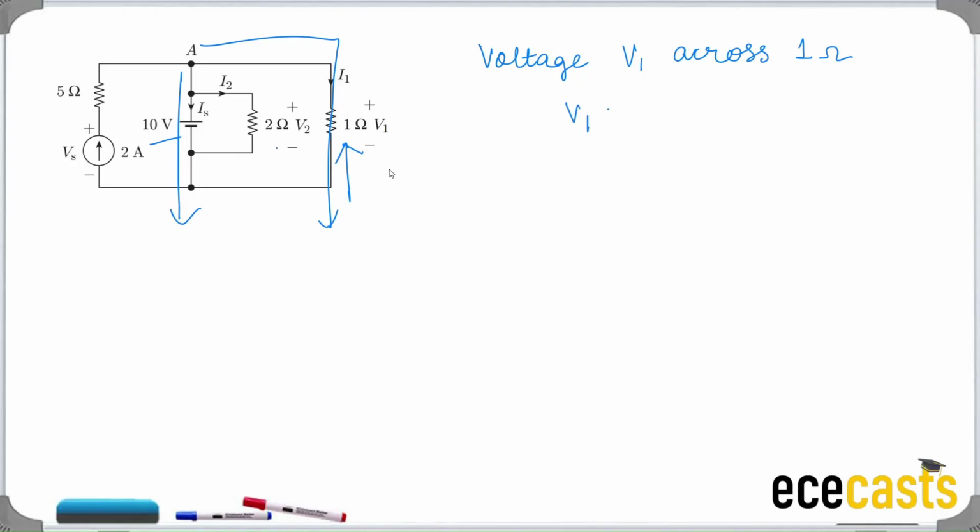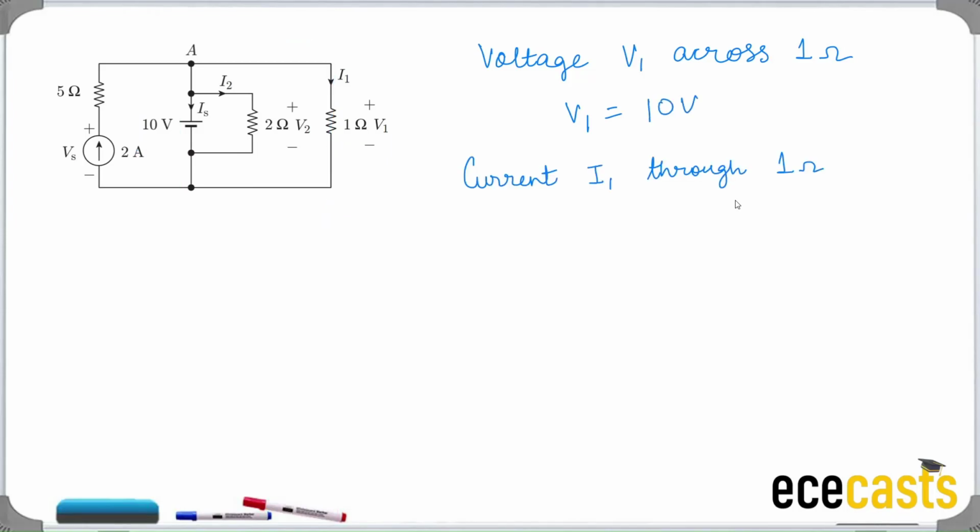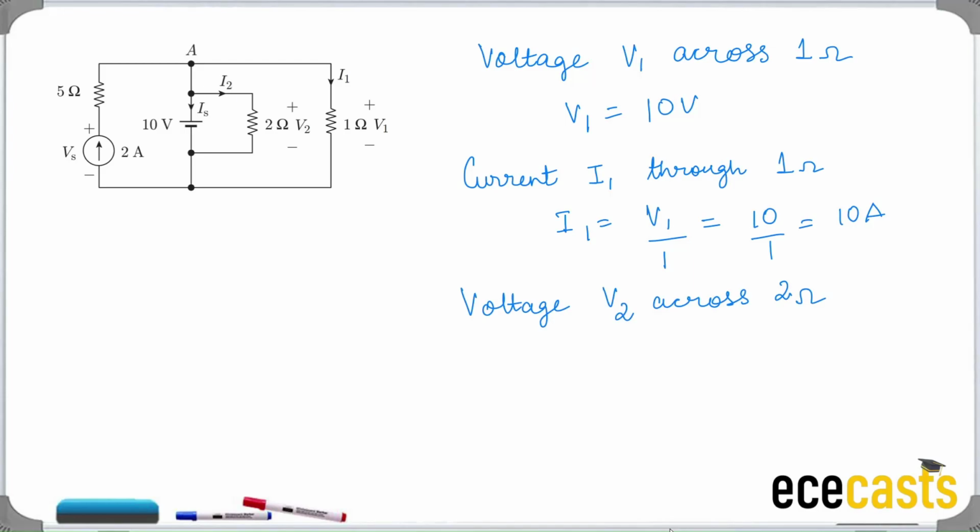Therefore, V1 should be equal to this 10 volt supply. So V1 is equal to 10 volts. Next we calculate I1. I1 is equal to V1 divided by 1 ohm, which is 10 by 1, that is 10 amperes.